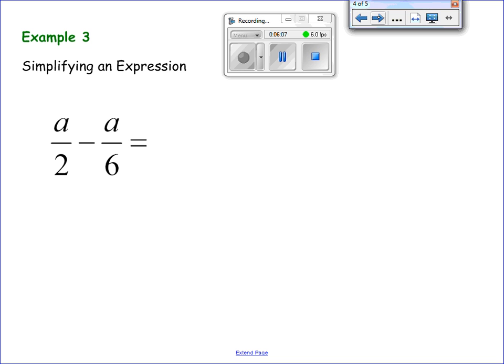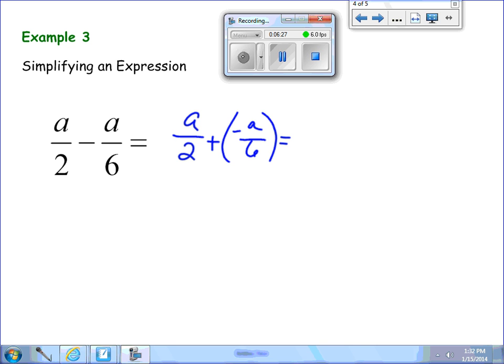Now we're going to be simplifying expressions. In this example, we're subtracting. So again, we'll be adding the opposite. We will need to find an LCD for this. So the LCD would be 6.